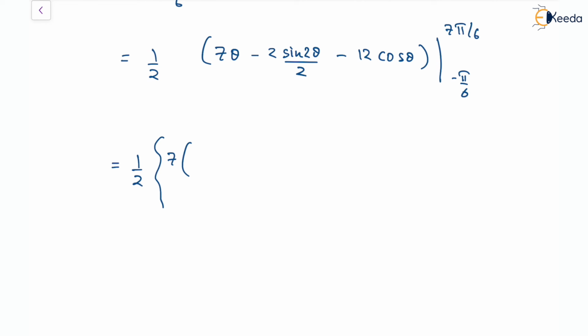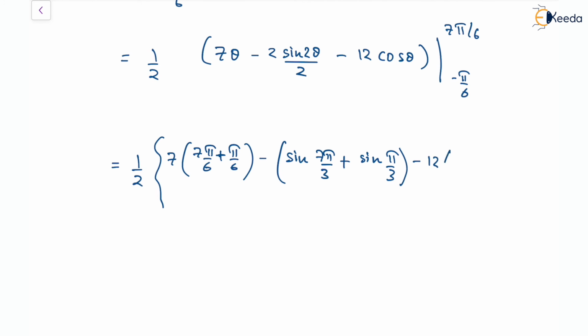So that is going to be 7 times, let's put the values, 8 pi by 6. Minus 2 by 2 will become 1, so sine 2 theta. So sine of 7 pi by 6 into 2, that will be sine 7 pi by 3, minus sine of 2 times minus pi by 6, so that will be minus pi by 3, and sine of minus pi by 3 can be written as minus sine pi by 3.